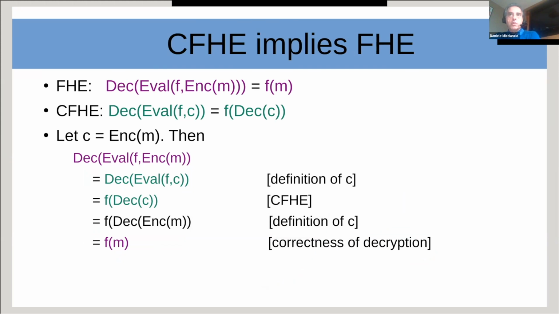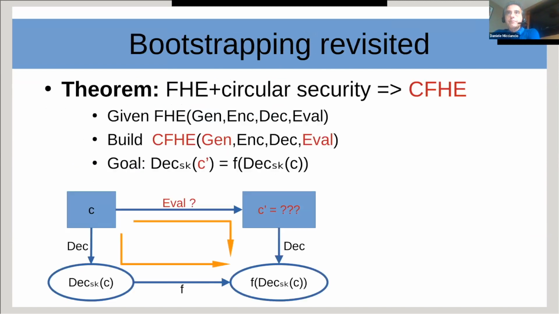Any composable FHE is by itself a traditional FHE scheme. So I want to ask if an FHE scheme can be transformed into a fully composable one. Is it possible to take a scheme satisfying the weaker definition and transform it into a possibly different, slightly different scheme that is fully composable?